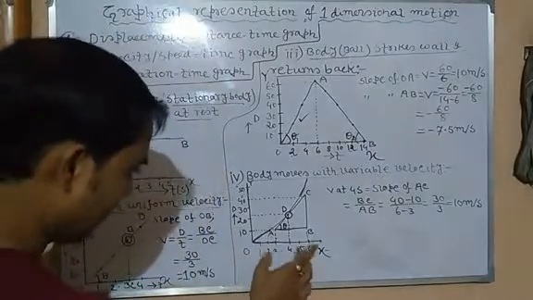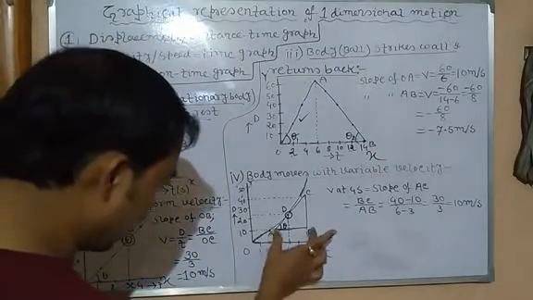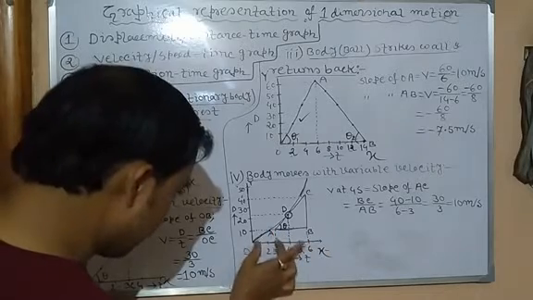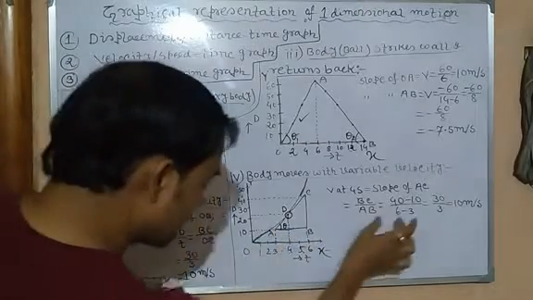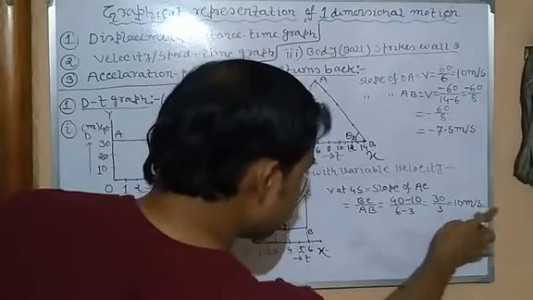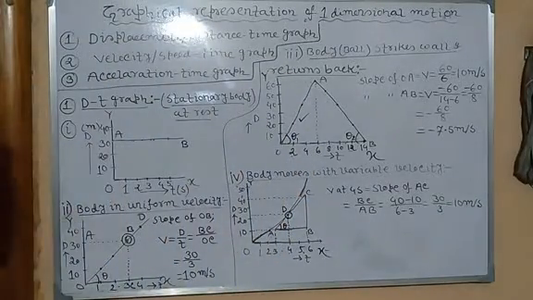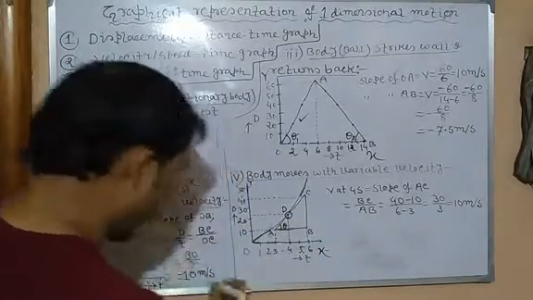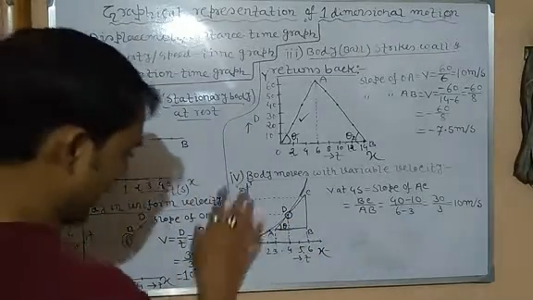What is the time interval? Here time represents AB, this is already 3, so 6 minus 3, equal to 30 by 3, this is 10 meters per second. So this is at t equal to 4 seconds, or when the body travels a distance of 25.